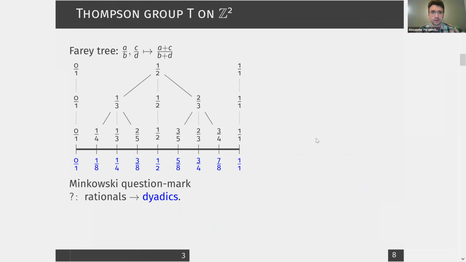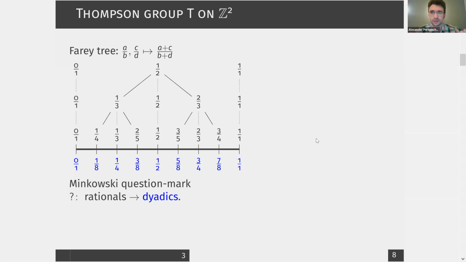In fact, here we work with dyadic rationals, but we can work with rationals in general. There is the Minkowski question mark function, which exactly provides a correspondence between all rational numbers and dyadic rational numbers. And we can describe this correspondence with the Farey procedure as follows.